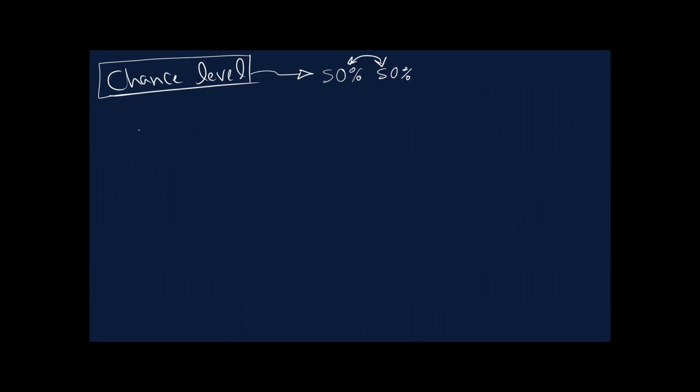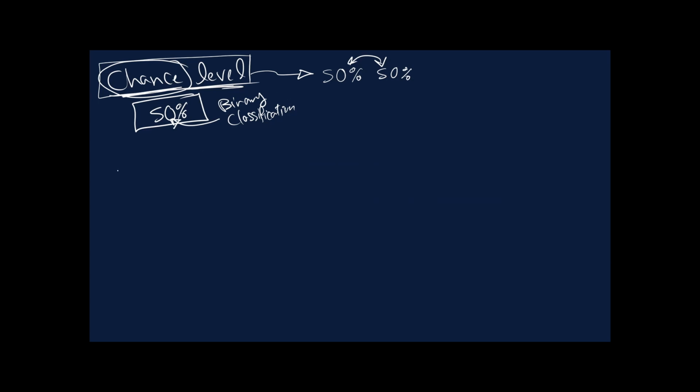So if our classifier was completely random, just picking the class randomly, it would classify at 50%, because it's either positive or negative. It doesn't have any other options. So we say that the chance level in binary classification is 50%. This would be the accuracy that you get by chance if your classifier was completely random, not learning anything, because it just has two options.